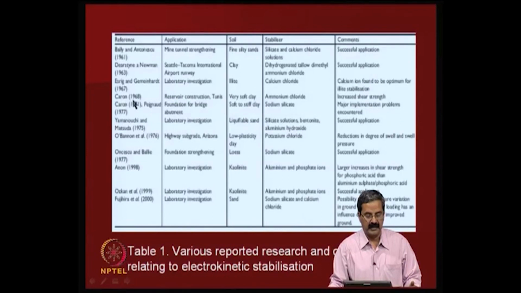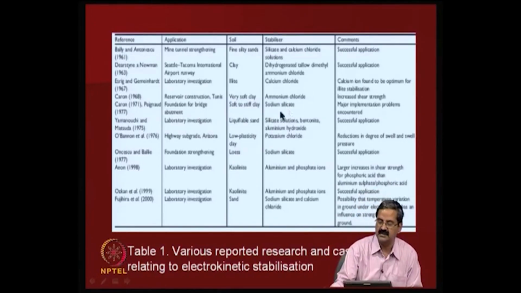There is another paper by Carroll on reservoir construction in Tunisia, very soft soil, where ammonium chloride was used and it increased shear strength. Then there were some more papers by Carroll, again on foundation for a bridge abutment, soft to stiff clay, where sodium silicate was used as a stabilizer. There were major implementation problems encountered, that is one thing.